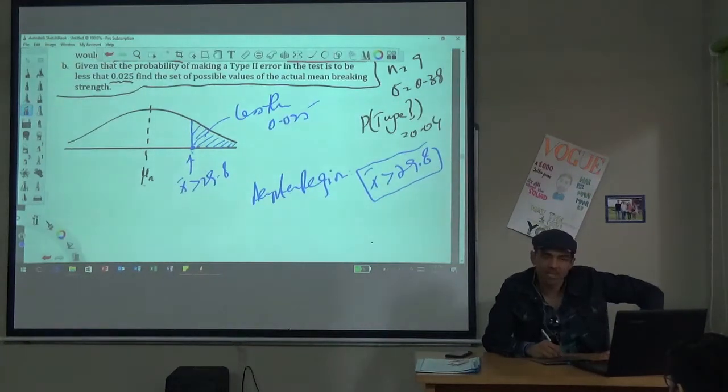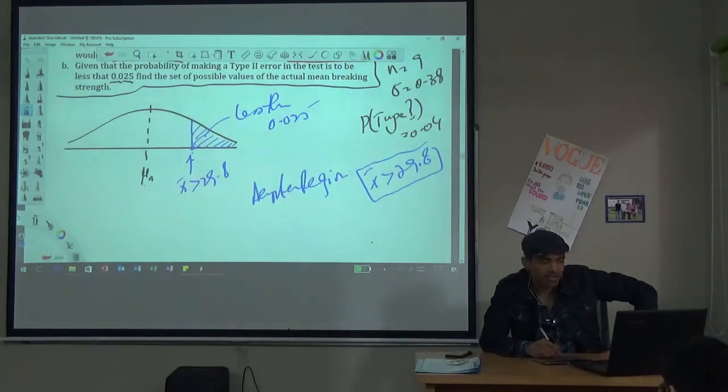Because if I keep the value exactly 29.8, this area is 0.025. If I make this area smaller, will this value not shift more towards the right? Which means that actually this value is more than 29.8.